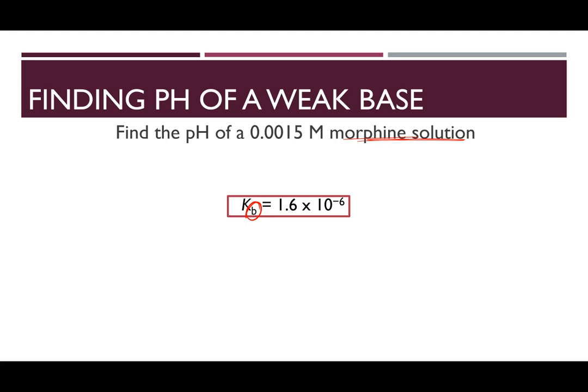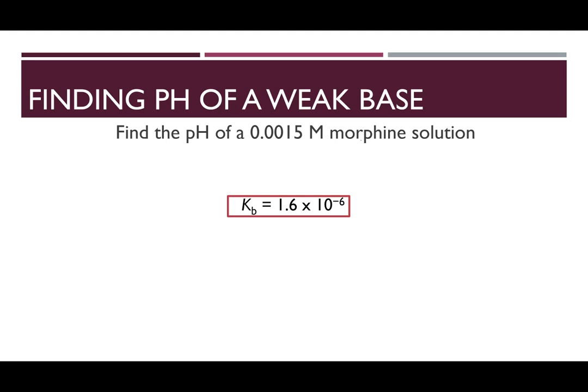You could certainly look up the chemical formula for morphine and then write your equation based on that chemical formula for morphine. A lot of these weak bases, the formulas tend to get really, really big and really, really messy. So what I'm going to use for this problem is just the generic base formula, okay?